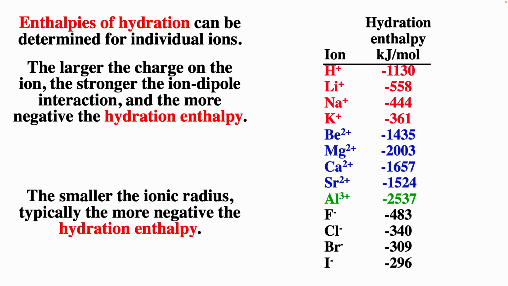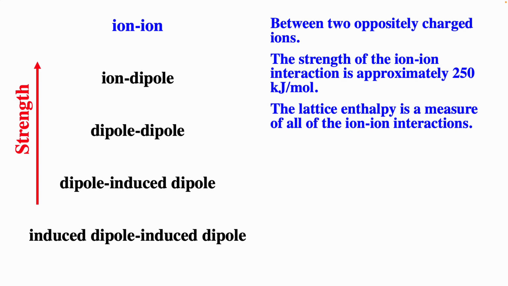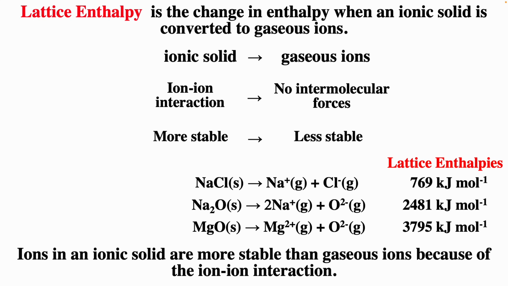And so the ion-ion interaction is just the attraction between oppositely charged ions. We think about it typically as 250 kilojoules per mole. That's just for a single ion-ion interaction. The lattice enthalpy is a measure of all of the ion-ion interactions. Now, lattice enthalpy is the change in enthalpy when an ionic solid is converted to gaseous ions.